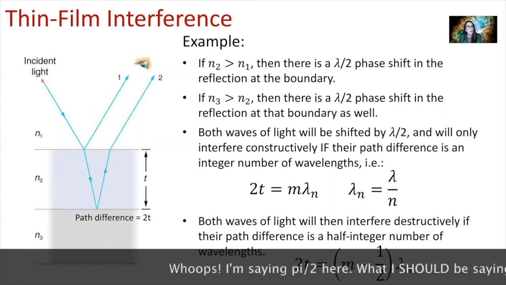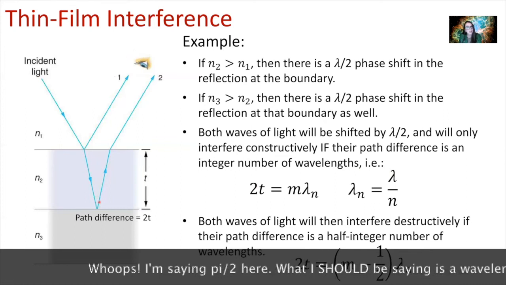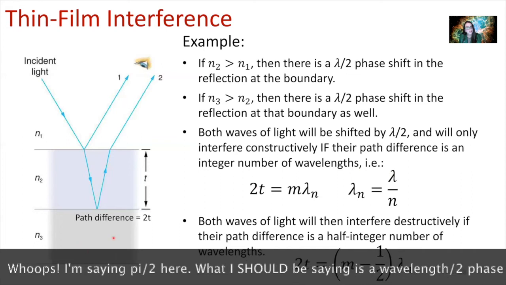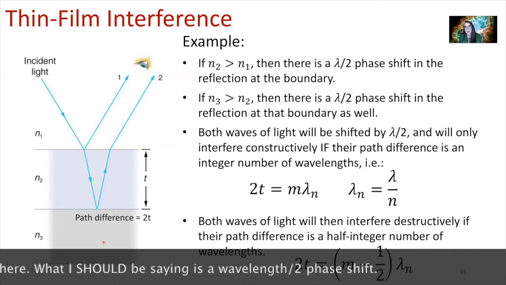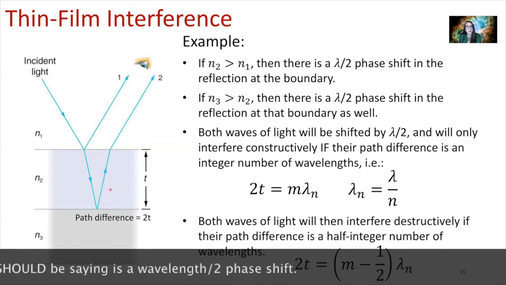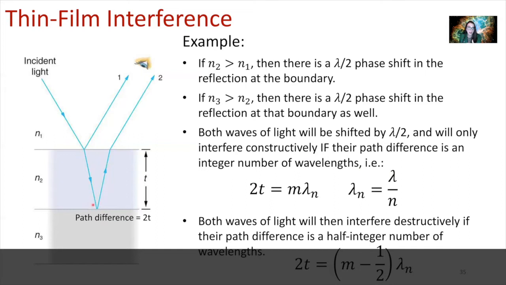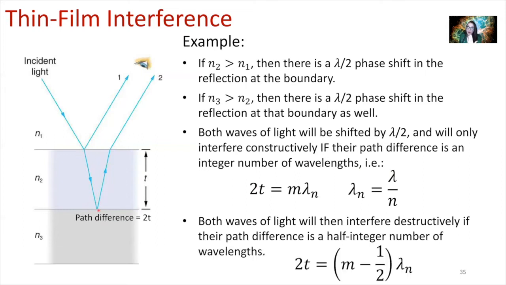And then when that light comes through here, if the index of refraction of this third layer, the layer outside the thin film on the other side, is greater than the index of refraction of the thin film, then there's also another pi/2 phase shift in the reflection of the light at this bottom boundary. And then that light gets reflected, we invert the waveform, and then that comes back to our eyes.